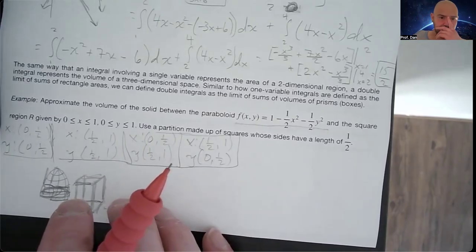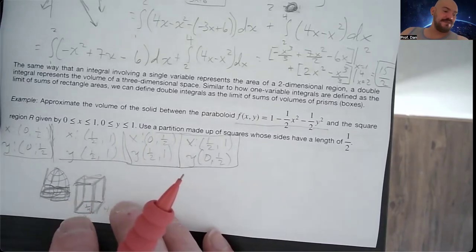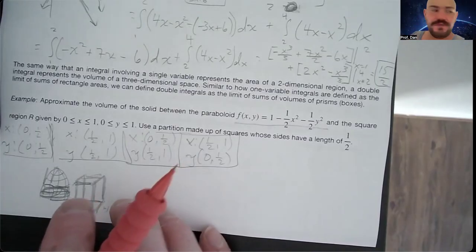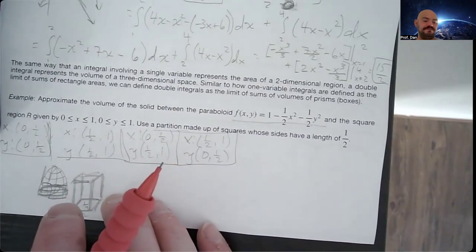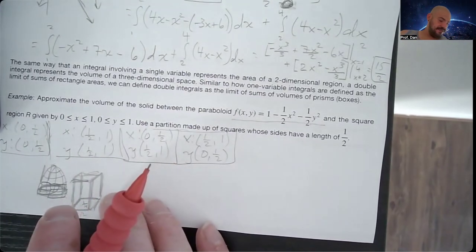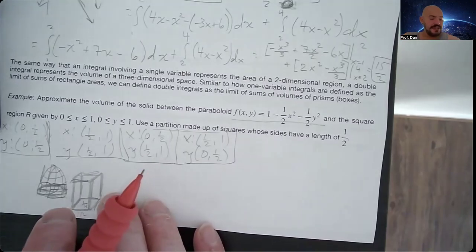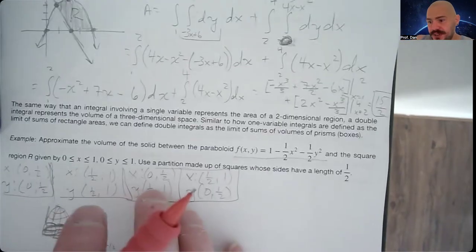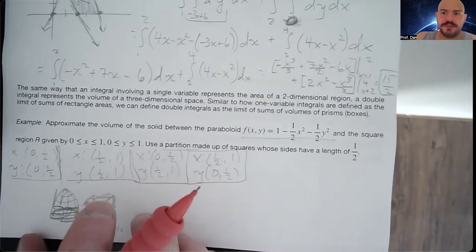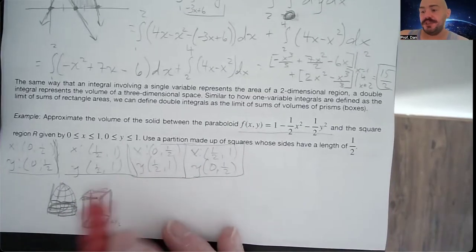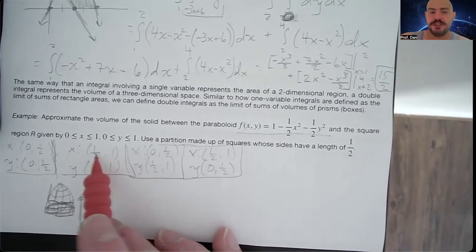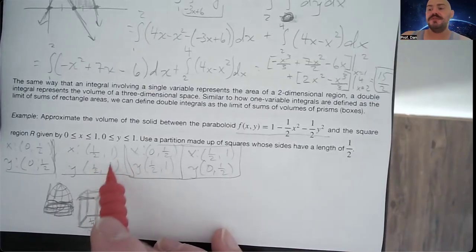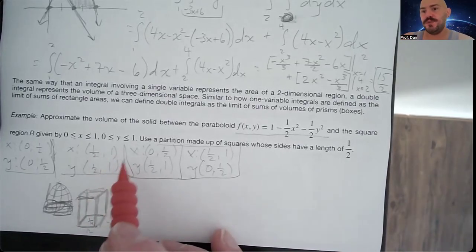Right. And just like we had left and right Riemann sums for functions of one variable, we can do something similar with these, right? Because if you look here, these are not coordinates, these are intervals for x and intervals for y.